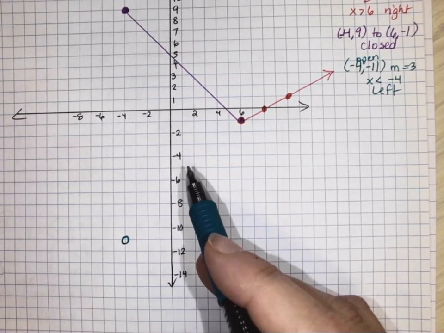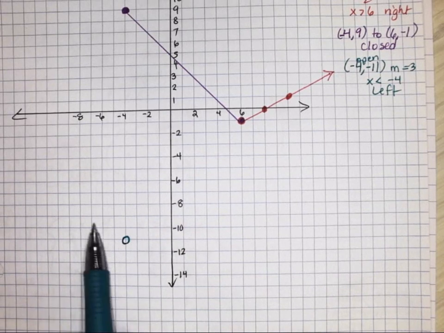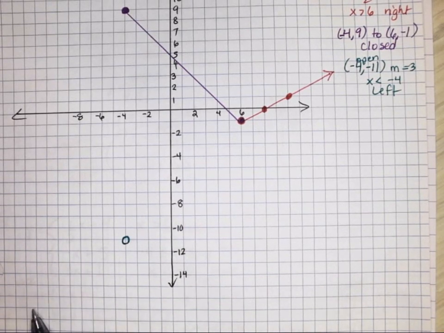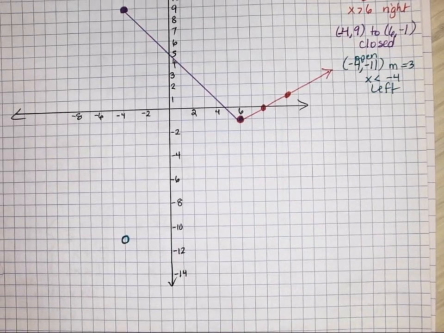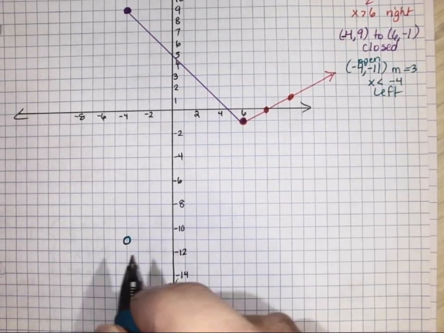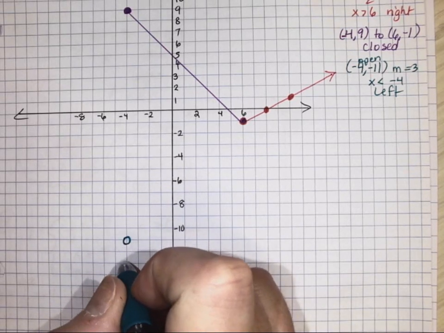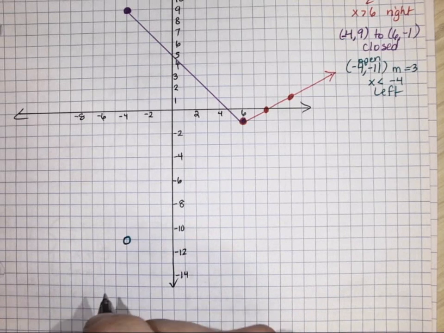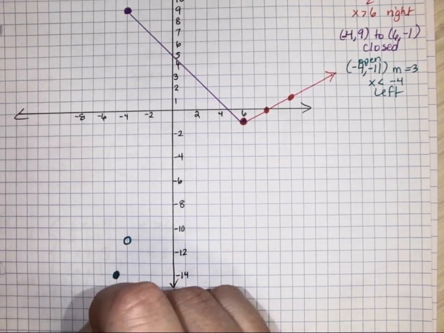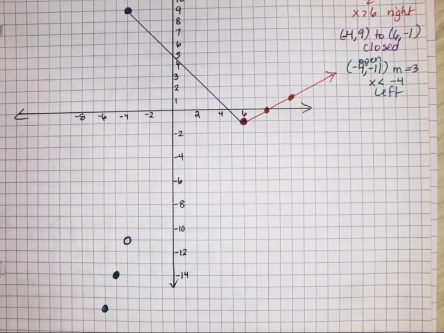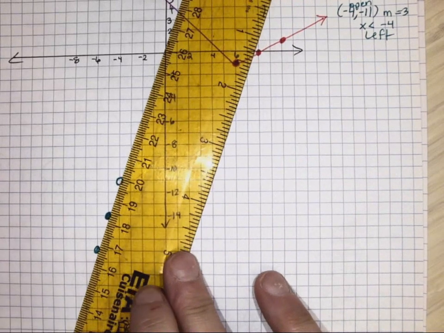Since I only want to see the left side, I use my slope to get points down in this location. So using my positive slope of 3, I can go down 3 to the left 1. And then graph through that part.